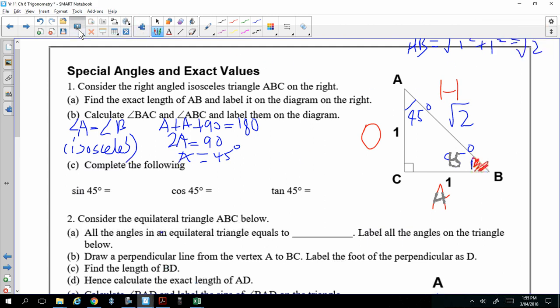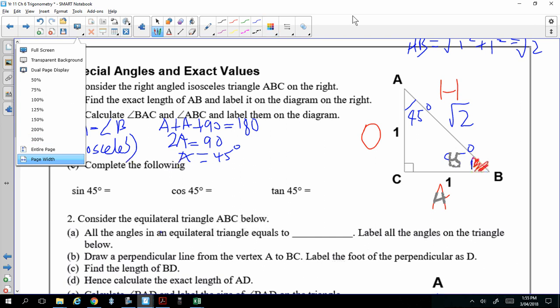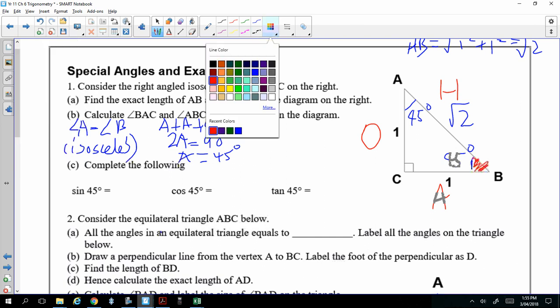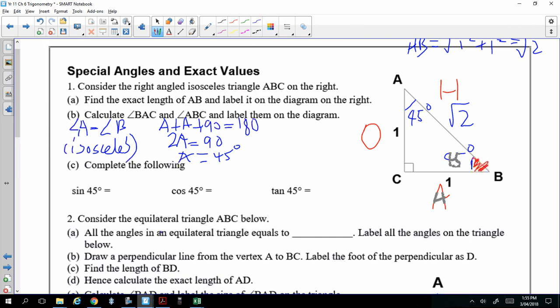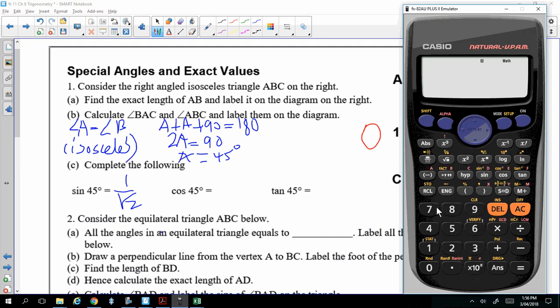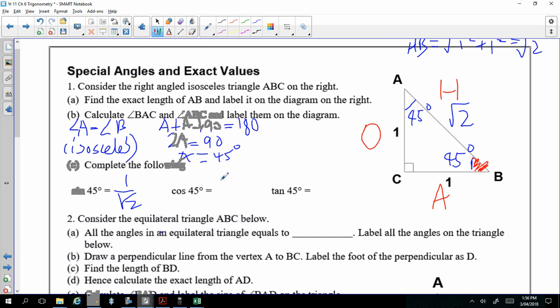Sine 45 equals opposite over hypotenuse, and we have to leave it in exact form. So opposite over hypotenuse is 1 over root 2. If you do it on a calculator, you get a decimal, 0.7 something, so just leave it in exact form. Remember, we're working out the exact values. Let me write it again.